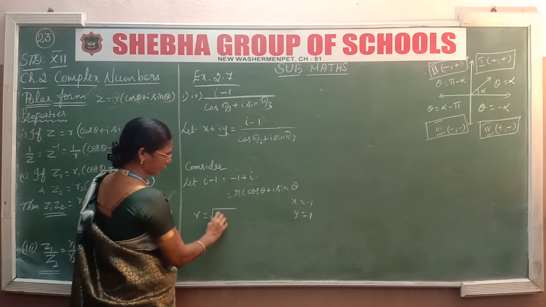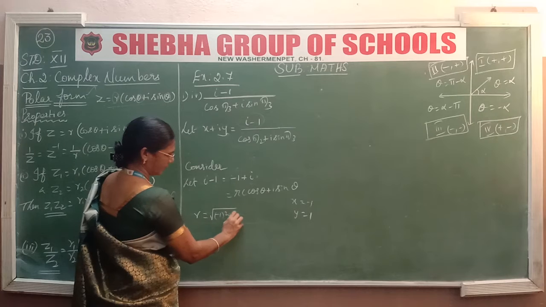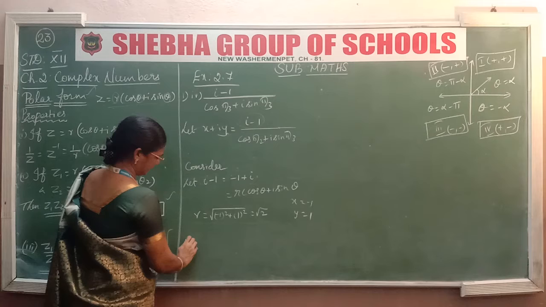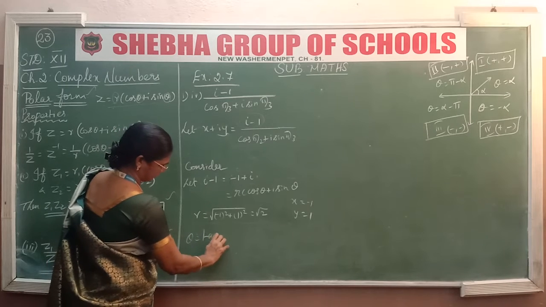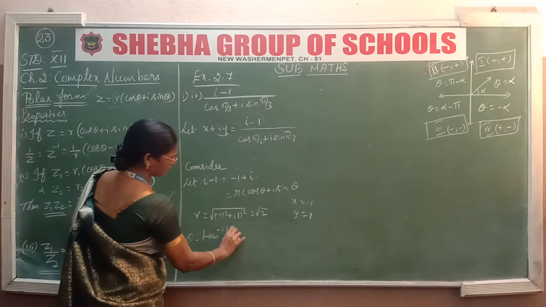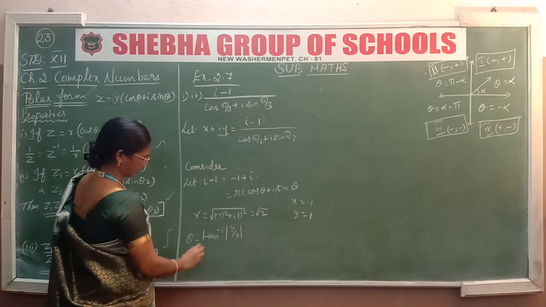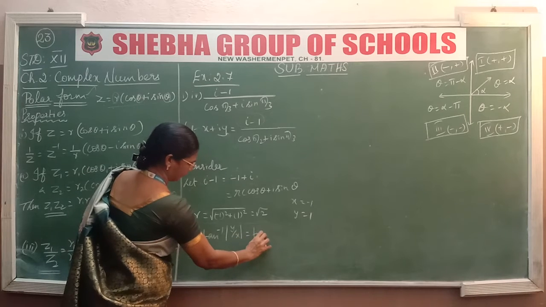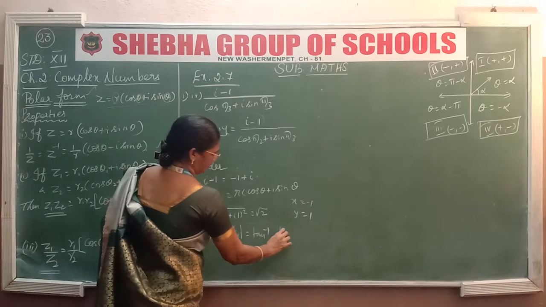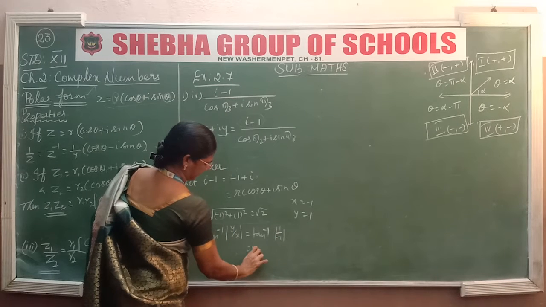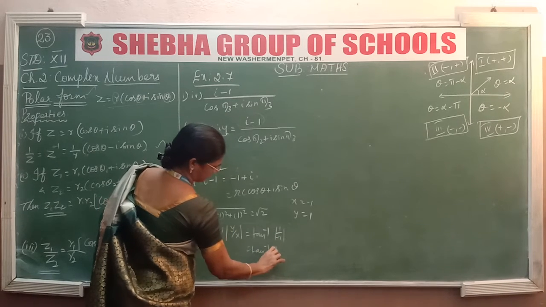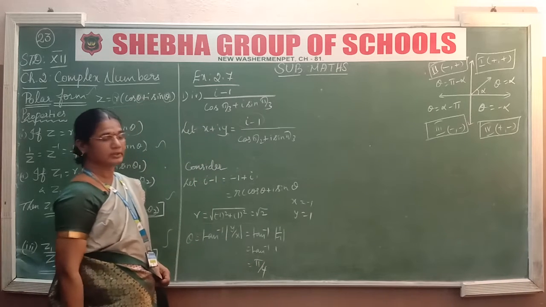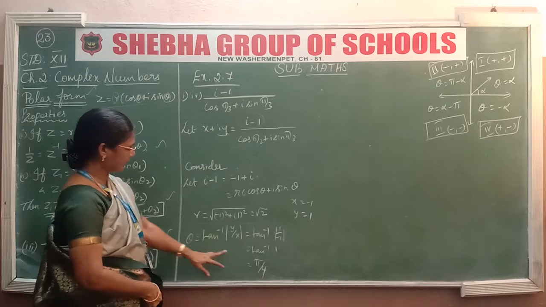Therefore r is equal to the square root of real part square plus imaginary part square, that is root of 2. And theta is the tan inverse of modulus y by x. Argument of z is tan inverse of y by x, which is equal to tan inverse of 1 by minus 1, that is tan inverse of plus 1, and this becomes pi by 4. Understood? Pi by 4. So our theta value is pi by 4.